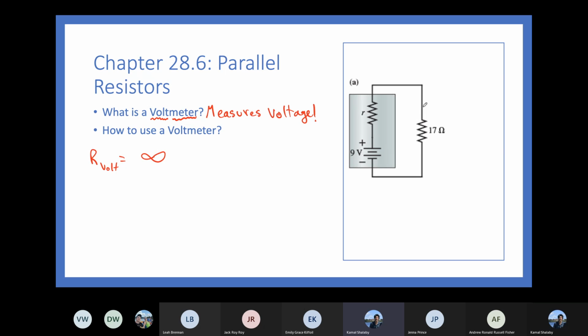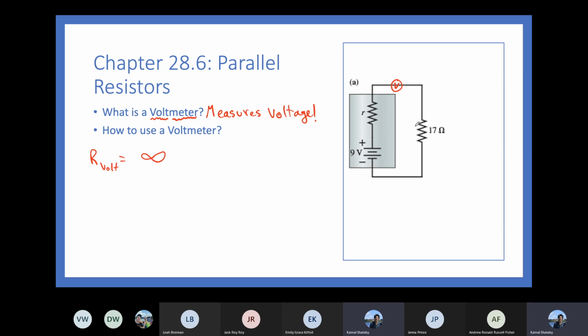So the potential difference around the voltmeter would be the same as around whatever it's measuring. If you put a voltmeter in series, since it has a resistance of infinity, it's going to block the whole circuit. So you don't put it in series. You put it in parallel to whatever you want to measure.